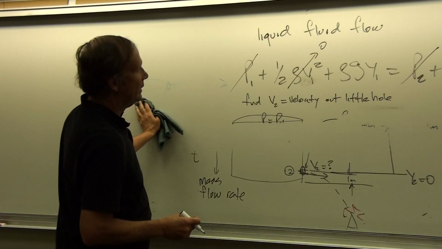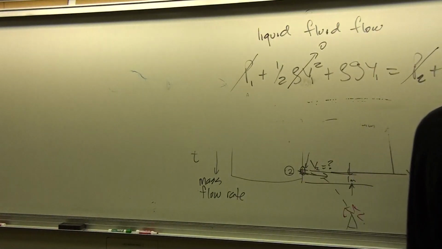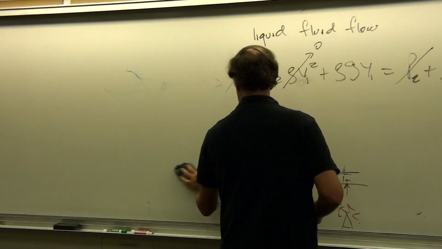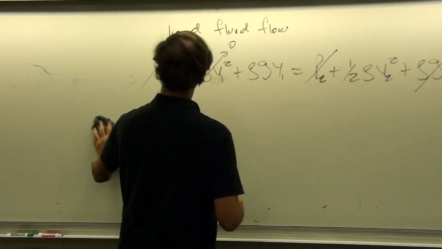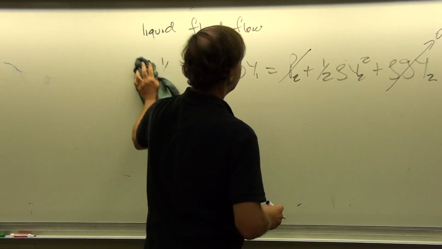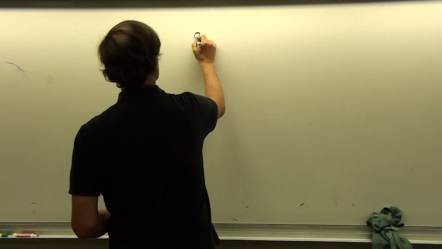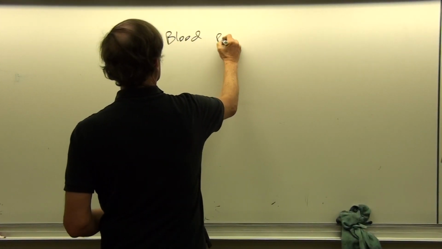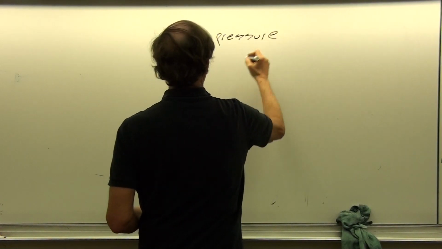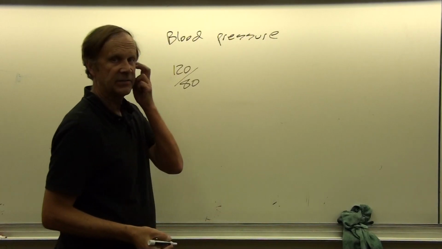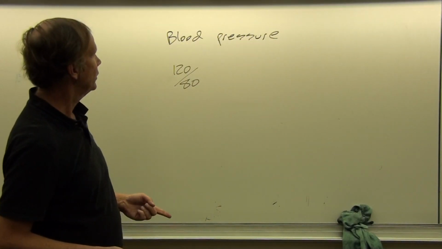All right, I wanted to look at another application now, and this is basically just a blood pressure problem. We'll use Bernoulli's equation for this one too. Now, 120 over 80 has often in the past been considered a healthy blood pressure.